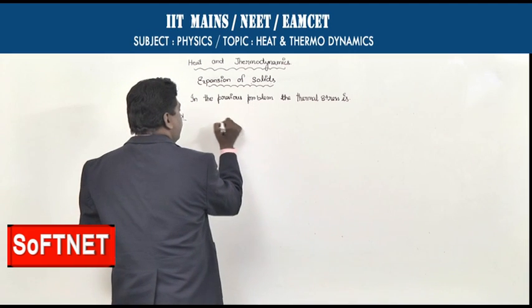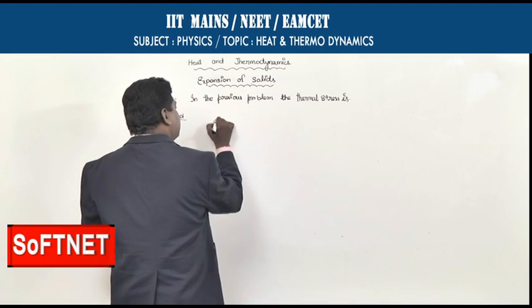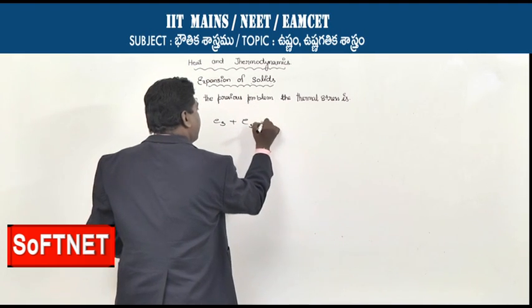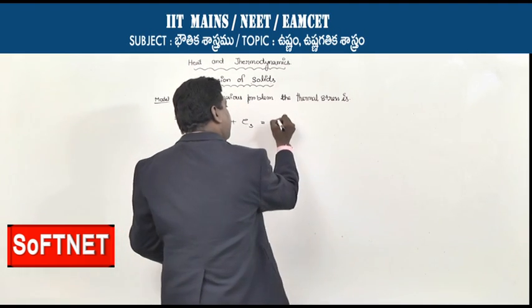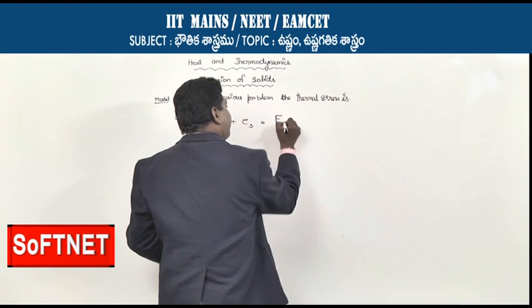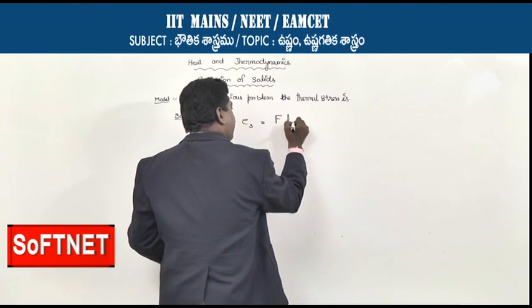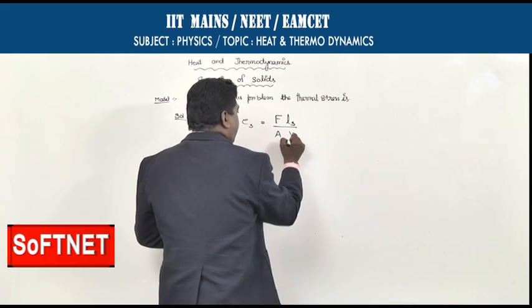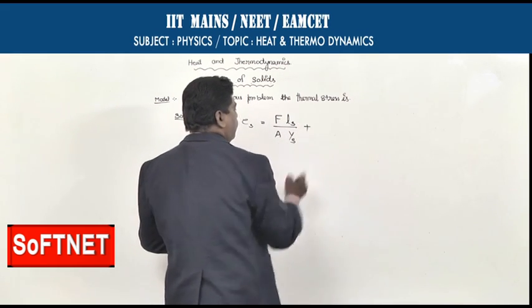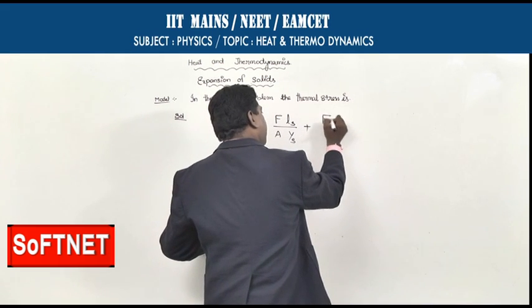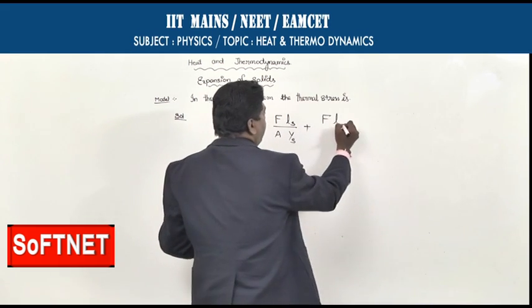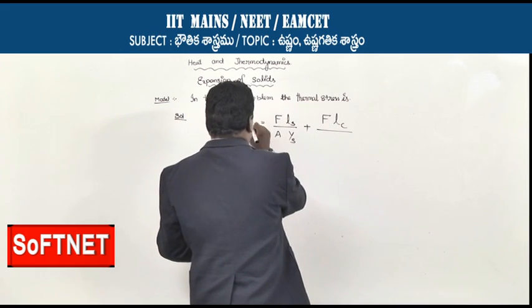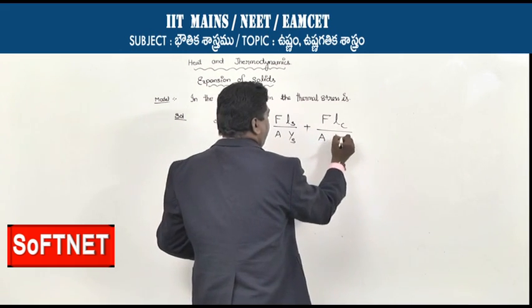The total expansion of the composite rod is given as E s plus E c equals F Ls by A Ys plus F Lc by A Yc.